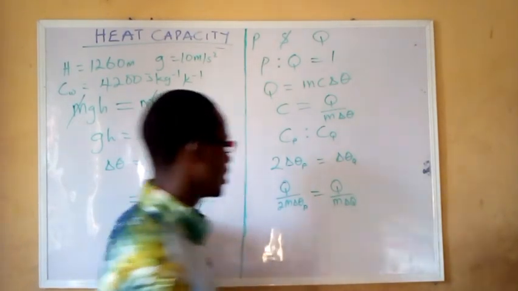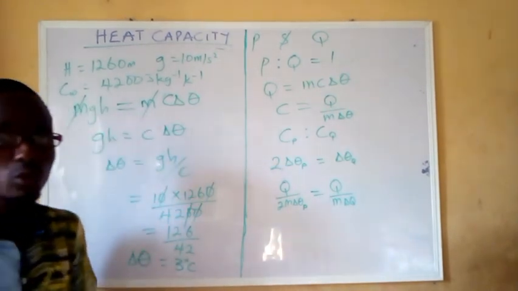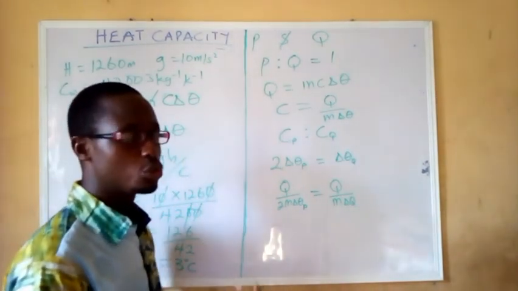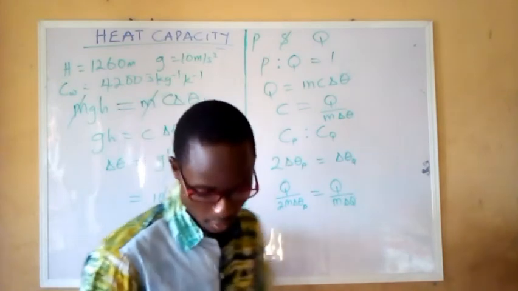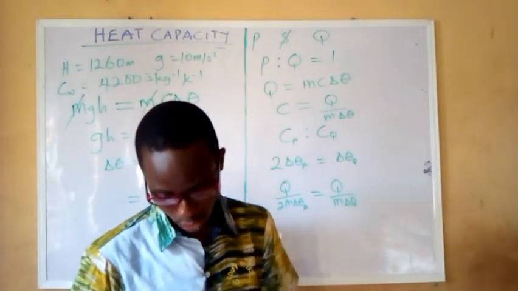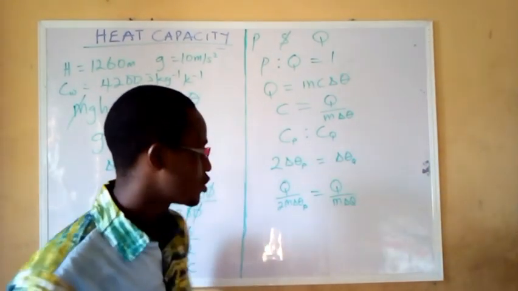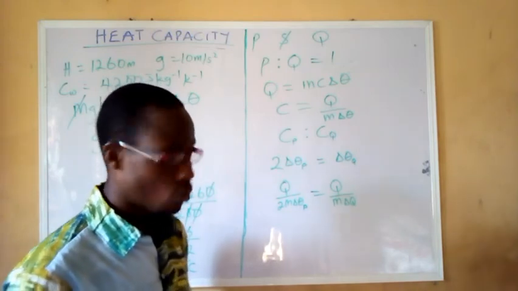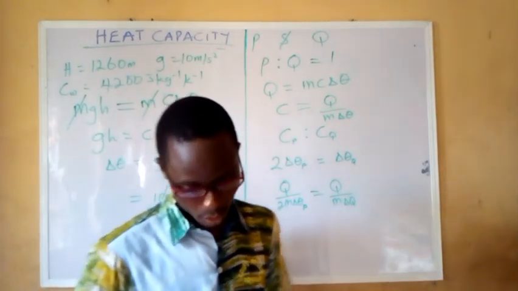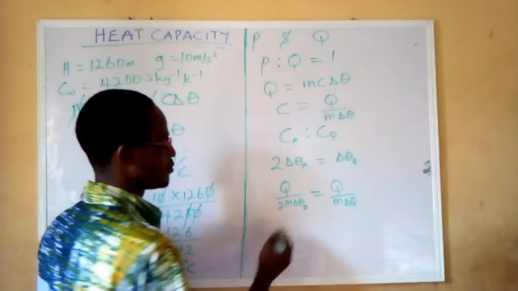Don't forget that they have equal mass and the same quantity of heat flows through them. So from there we can easily cancel out the masses and cancel out the quantity of heat.